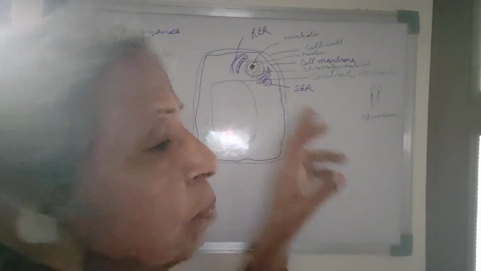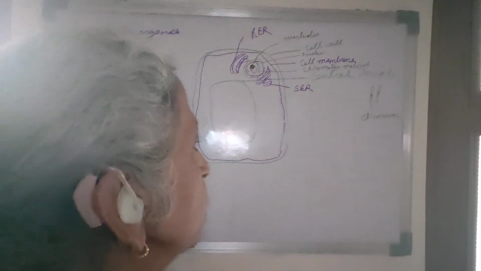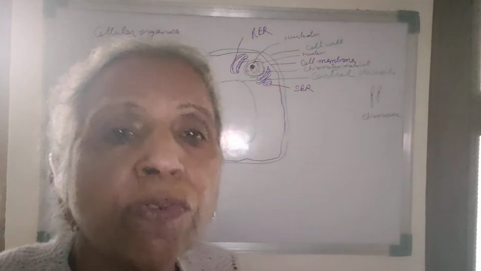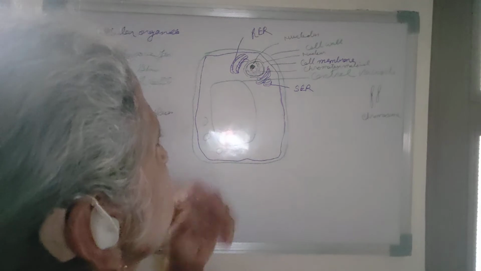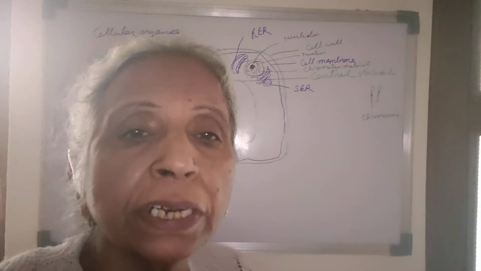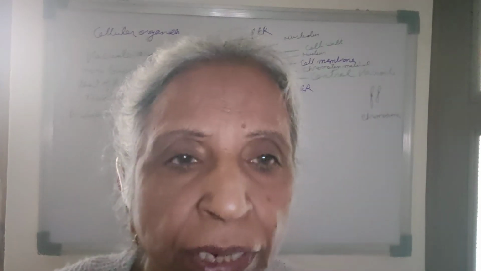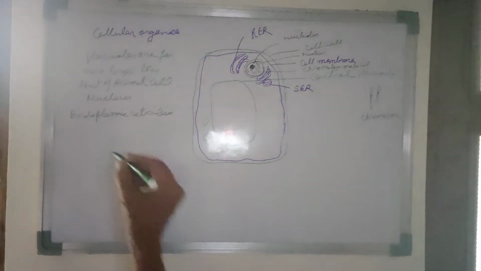Smooth endoplasmic reticulum synthesizes lipids, especially phospholipids. Phospholipids and proteins interact with each other and combine to form the cell membrane, the plasma membrane. The process is called biogenesis.